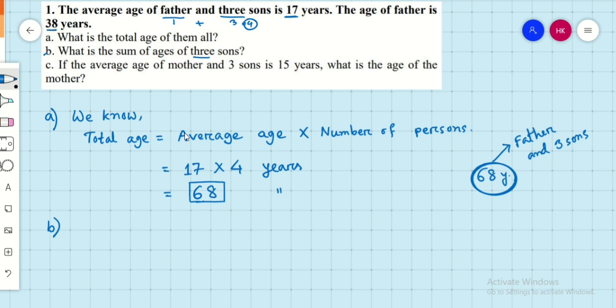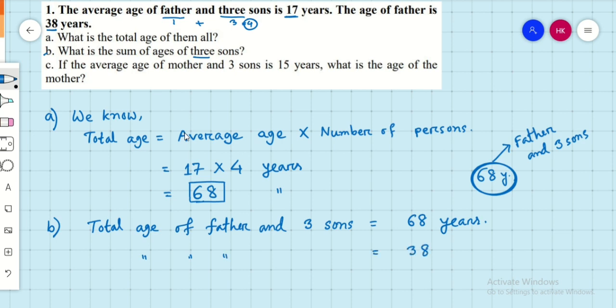So what is the answer of B? We can write like this: total age of father and 3 sons is equal to 68 years. Age of father is equal to 38 years, which is given in the question.